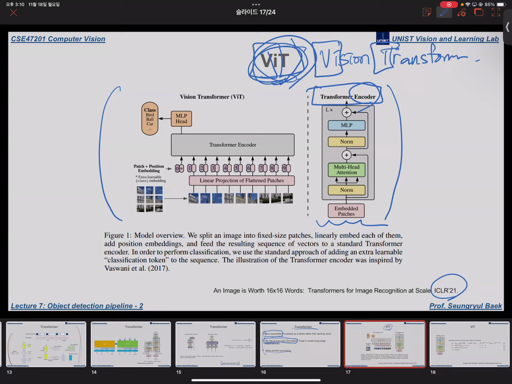Okay, so what they do is very simple actually. This is the transformer, their encoder. And we need some input anyway. We normally call these tokens, the input to the transformer.